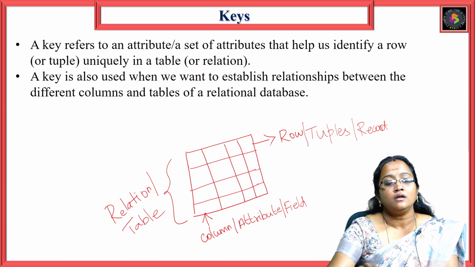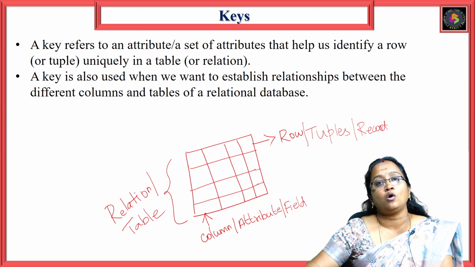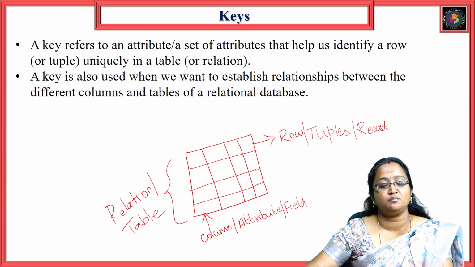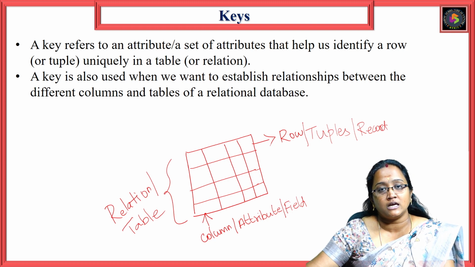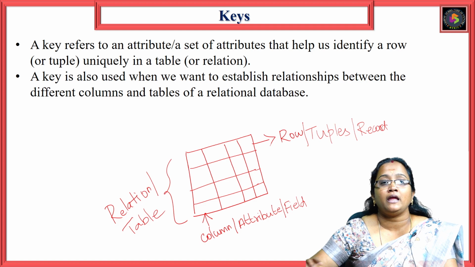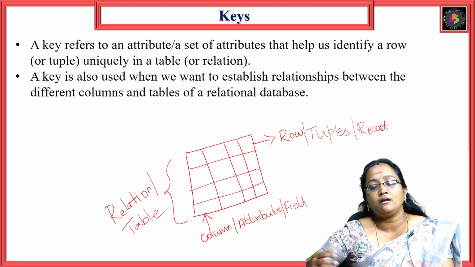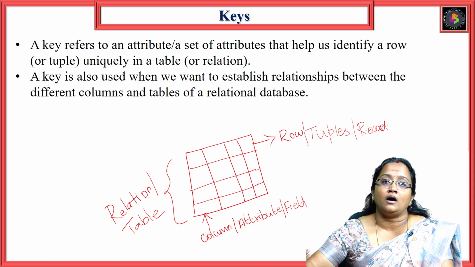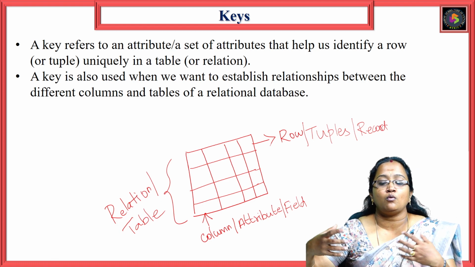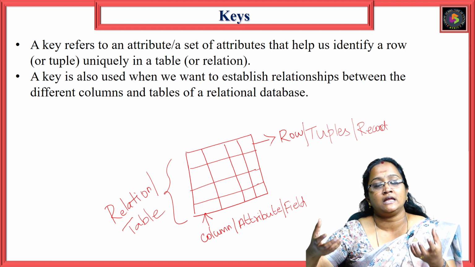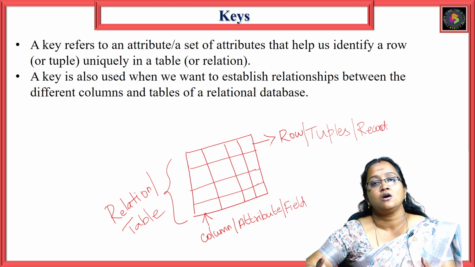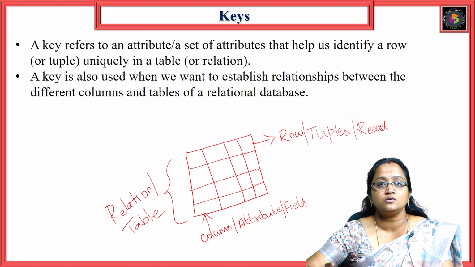We can also use it when we want to establish a relationship between the different columns and tables of a relational database. There can be n number of relations or tables. When you want to implement or establish a relationship among the tables or relations, at that time also we can use this key.